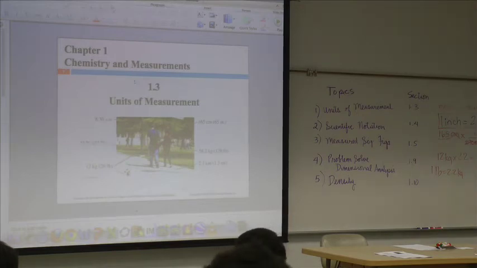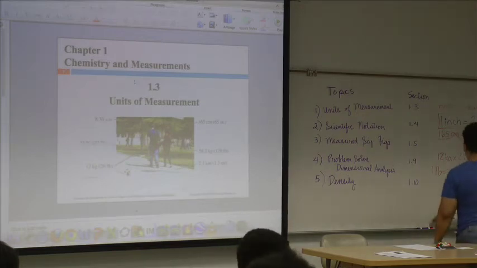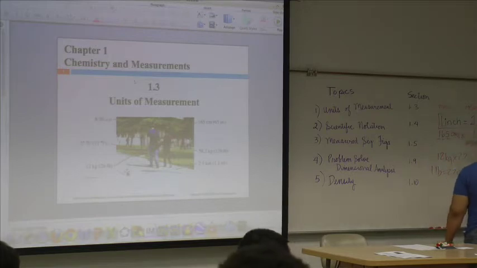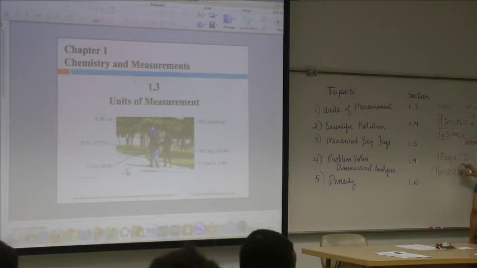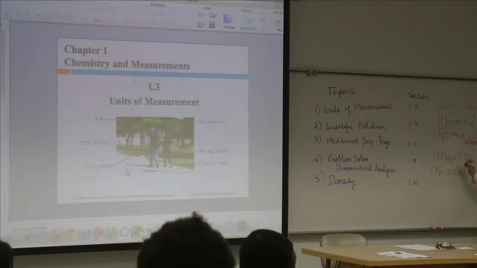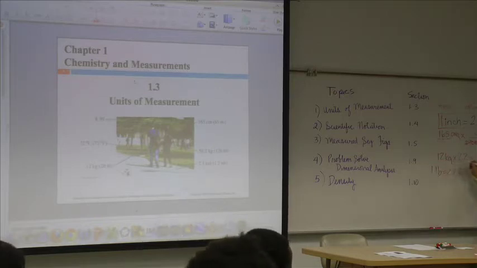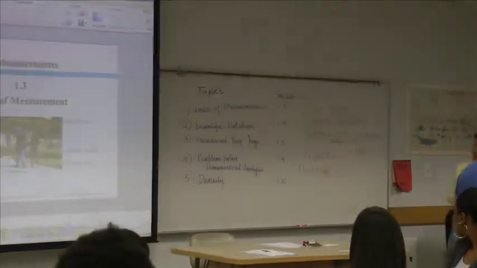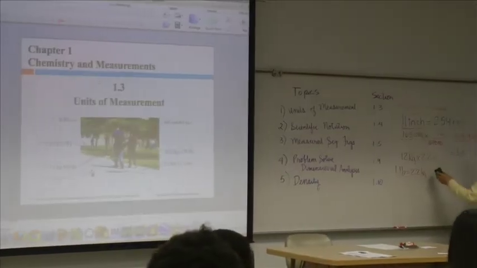So you want to do the math? How would we do this? 12 kilograms times 2.2, we want to cancel kilograms, right? Are you going from kilograms to pounds? Yeah.